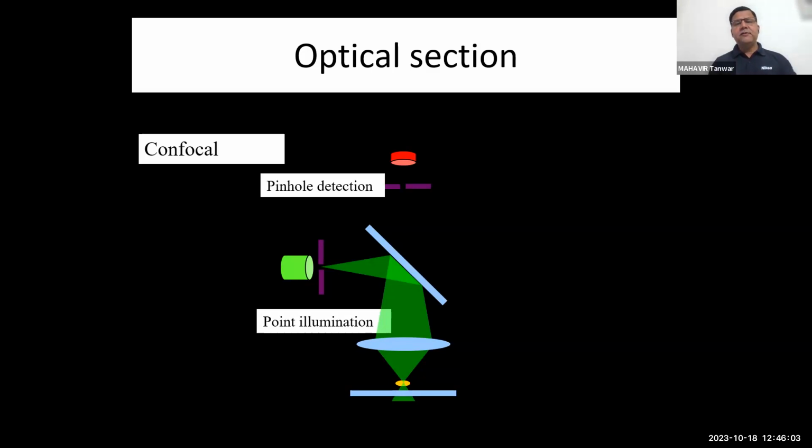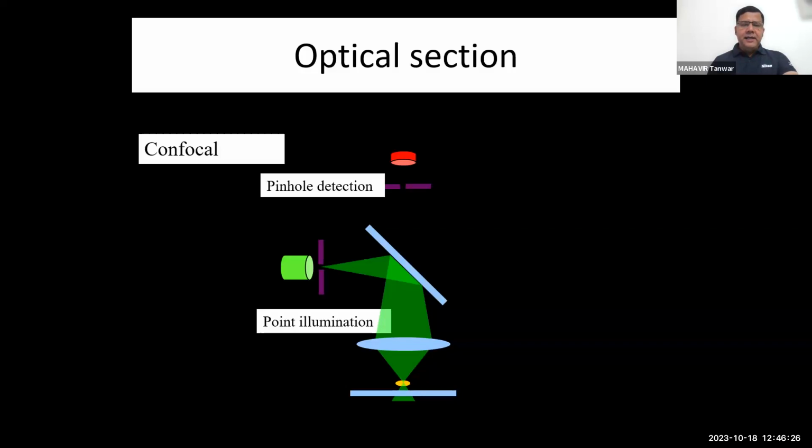GFP, you need to use a 488. Let's say RFP, you need to use a 561. Cy5, you need to use a 640. So these are defined wavelengths with respect to the dyes, which have some peak excitation. There is a chart available on the website for this, showing which laser excites which dye.